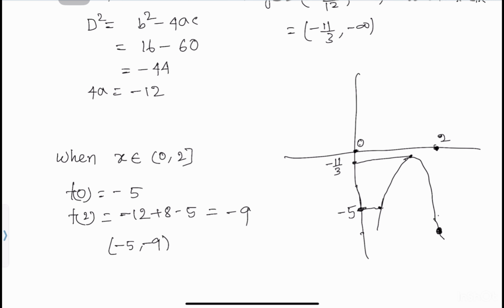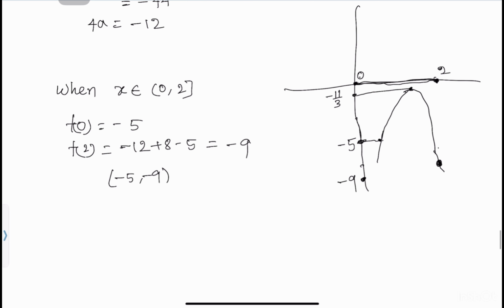Assume here is minus 9. So tell me one thing. What is the minimum value when x is in between 0 to 2? The minimum value is minus 11 by 3. Yes or no?